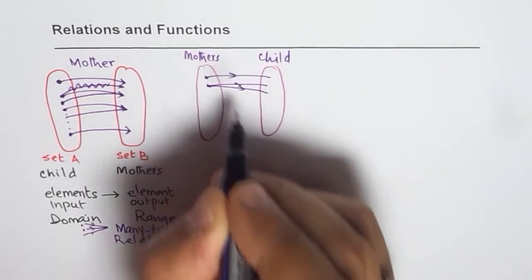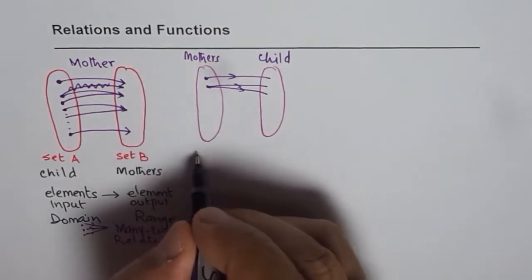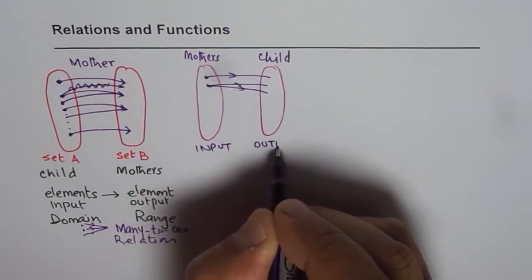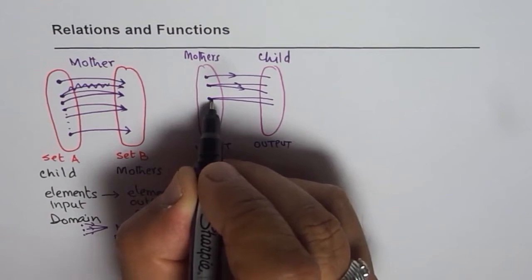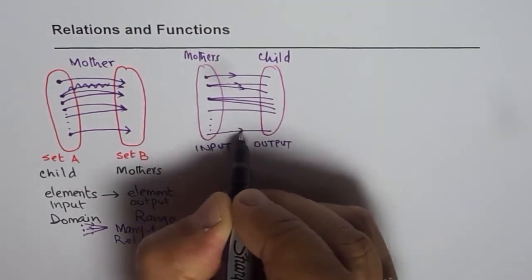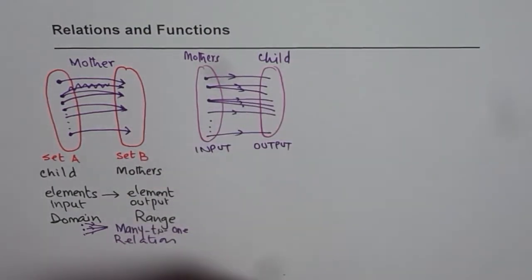So the arrows indicate the association. It is from this side, which is input, and the other side is the output. So a mother can have many children or just one. There is a relation between the two groups, mother to child.